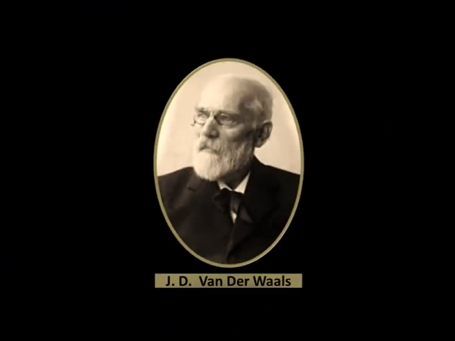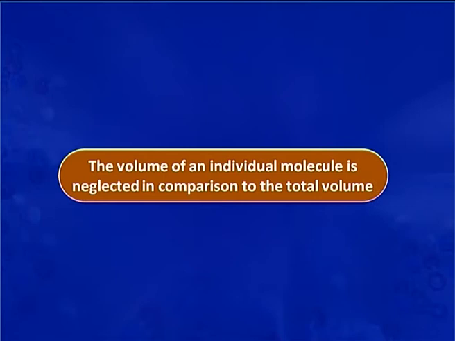In 1873, J.D. van der Waals modified the ideal gas equation by adding some correction terms in it. He removed two assumptions of the kinetic theory of gases. The first assumption is that the volume of an individual molecule is neglected in comparison to the total volume.